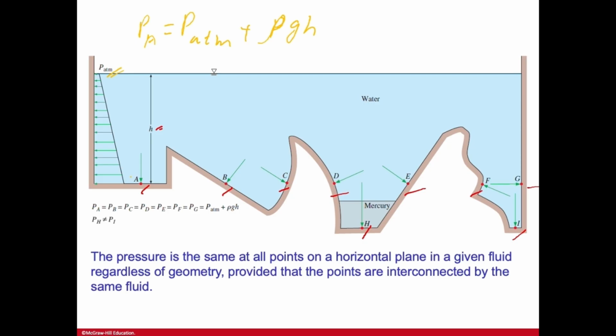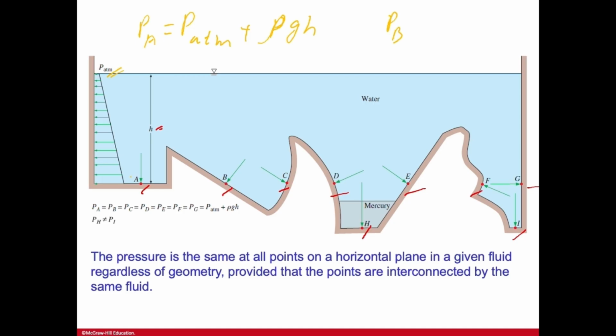Now that we have PA, the question is, what is the pressure at B in relation to PA? Is it the same as PA, smaller than PA, or greater than PA?